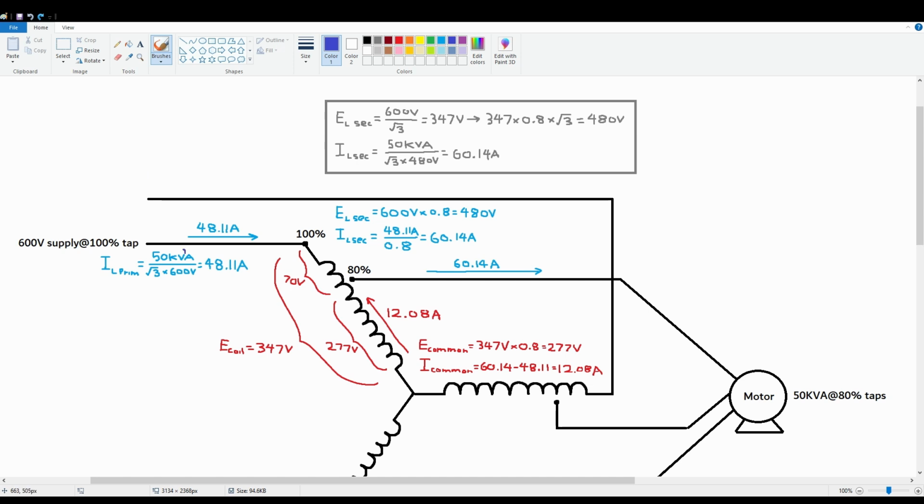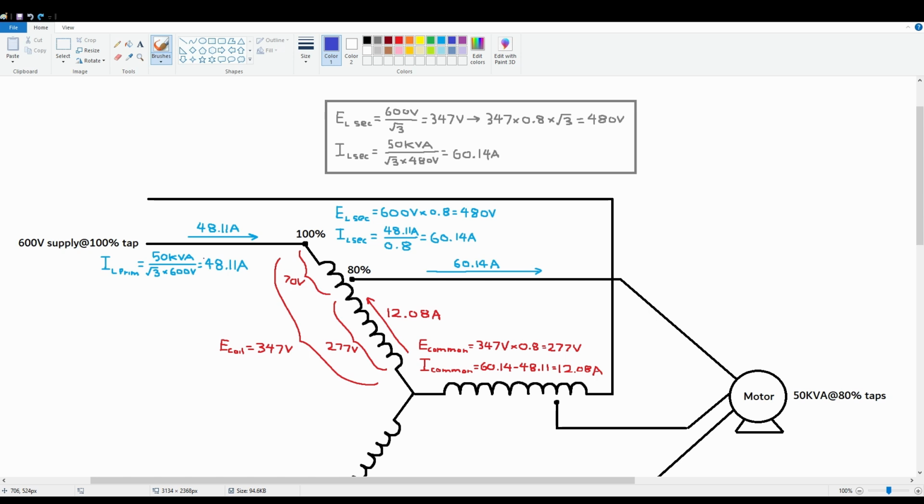So it'll be 50 kVA on the primary side and on the secondary side. So we have 50 kVA over root 3 times 600 volts. We use root 3 because we're finding a line value. If we're finding a phase value, we will just use 3 here.